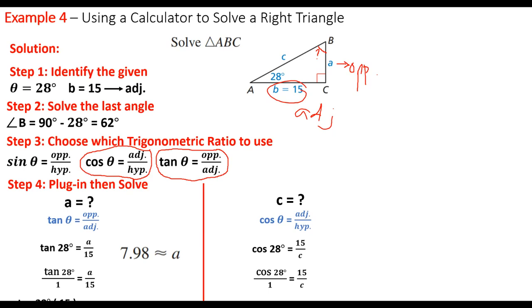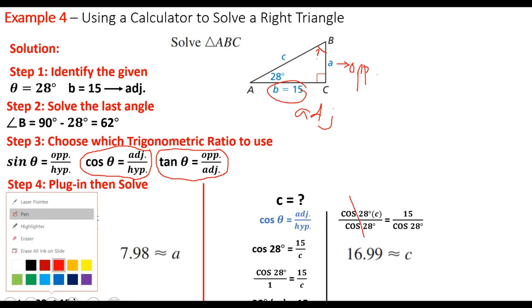You will have cosine 28 degrees times C, which is equivalent to 1 times 15, which is 15. From there, we are solving for C, so we divide by cosine 28 degrees on both sides to cancel the cosine 28 degrees here. So you'll have C equivalent to 15 over cosine 28 degrees, which is around 16.99. That is now the value of your C, which is your hypotenuse.